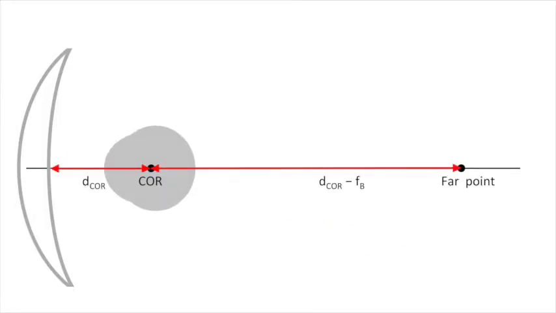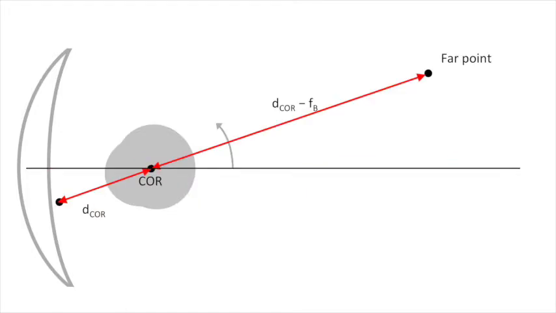So let's bring the eye back down to the straight ahead position and now get the eye to look down through the lower portion of the spectacle lens. Again, the same thing happens. Those two distances are exactly the same. The only difference is that the ends of those arrows, representing the far point and the distance to the back vertex of the lens, have moved.